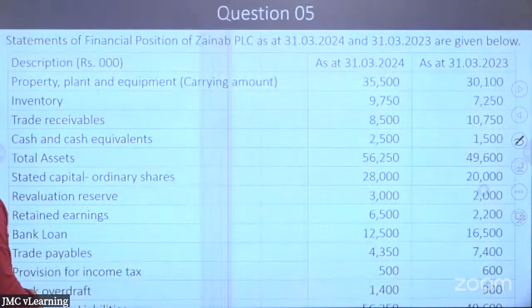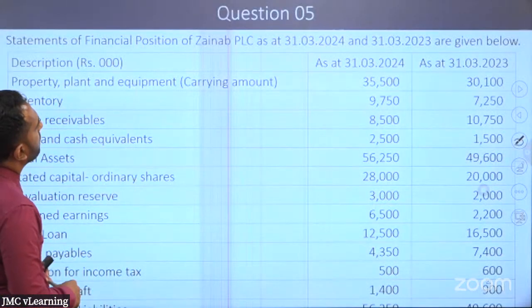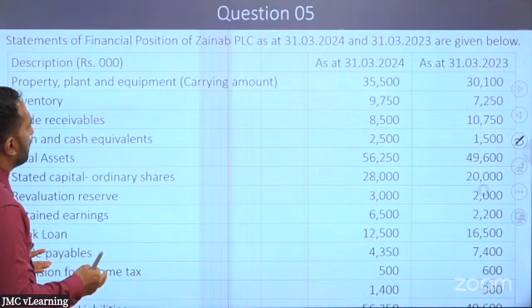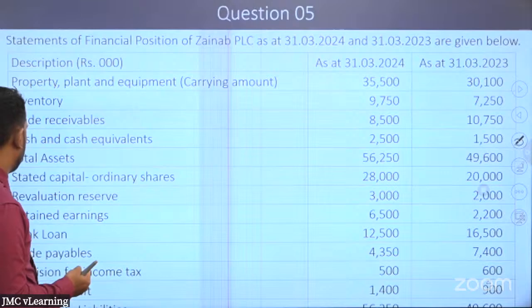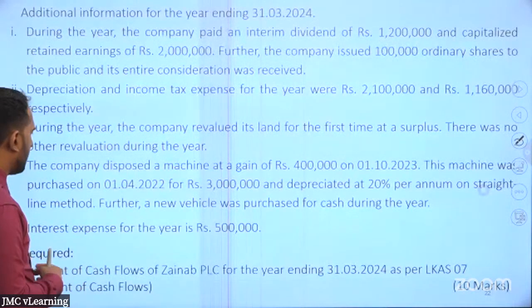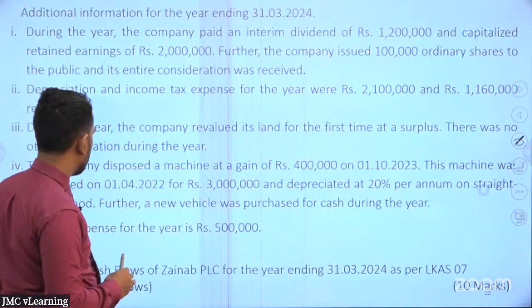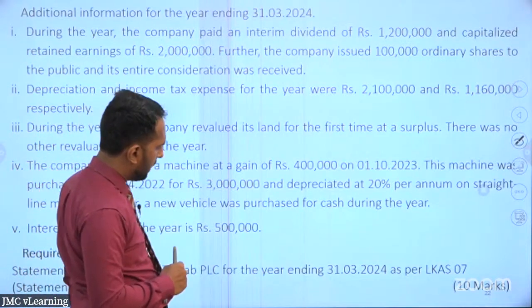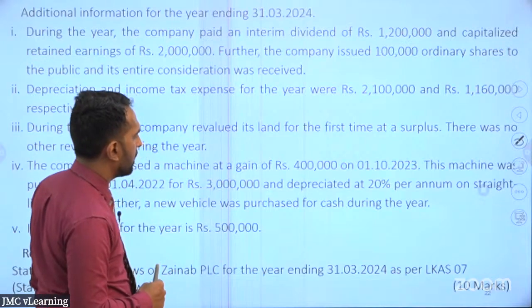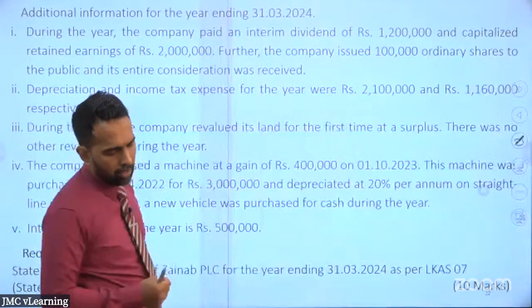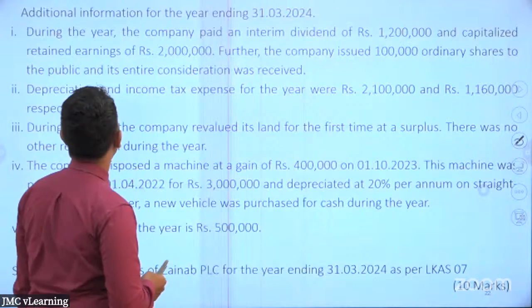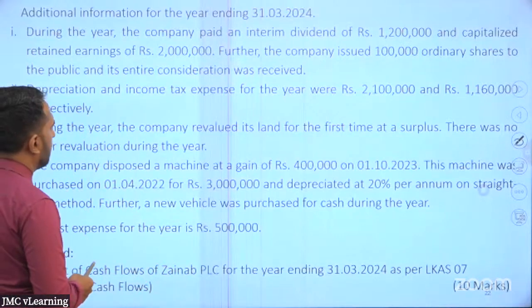First of all, let me start with the statement of cash flows, question number 5. Let me look at the requirement. You are supposed to prepare the statement of cash flows of Zainab PLC for the year ending 31st of March as per LKAS 7 for 10 marks, right?